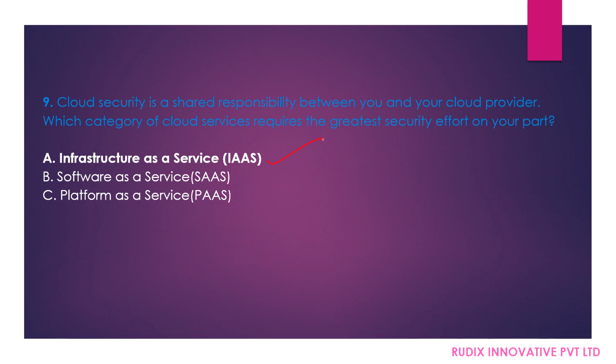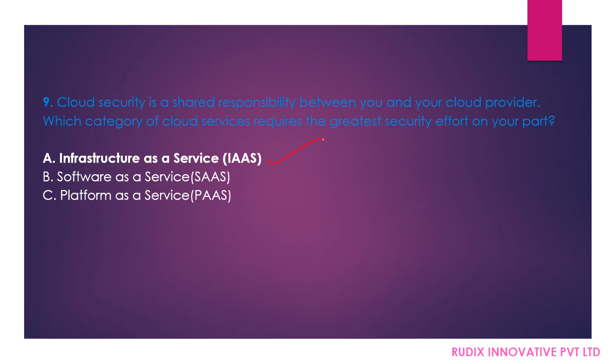However, the customer is responsible for securing everything they build and deploy on that infrastructure. This includes securing the operating system, applications, data, access control, and network configuration of virtual machines and other resources you provision within the infrastructure as a service environment. Therefore, infrastructure as a service requires the greatest security effort on your part.